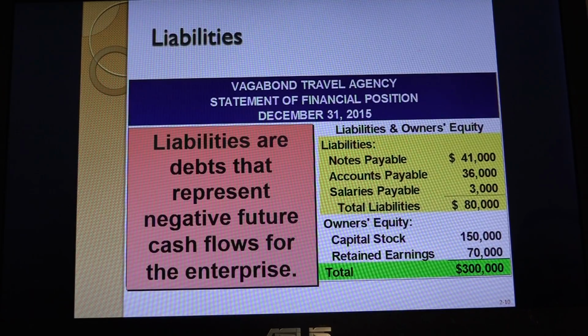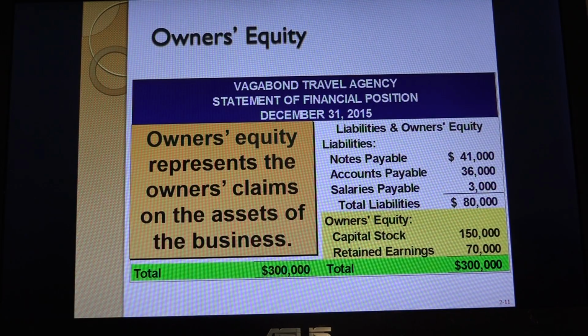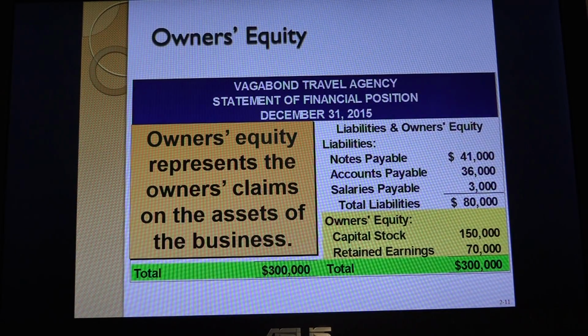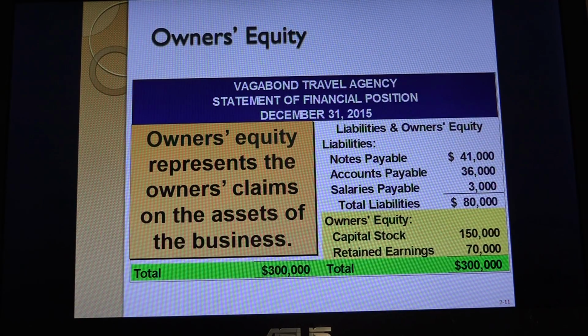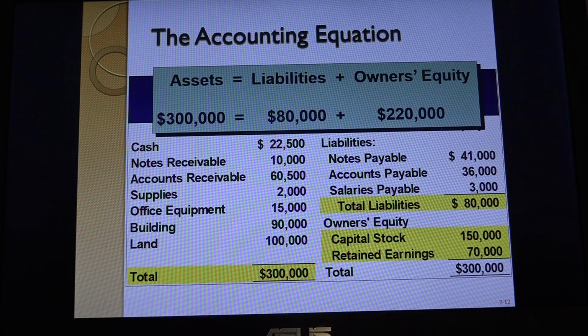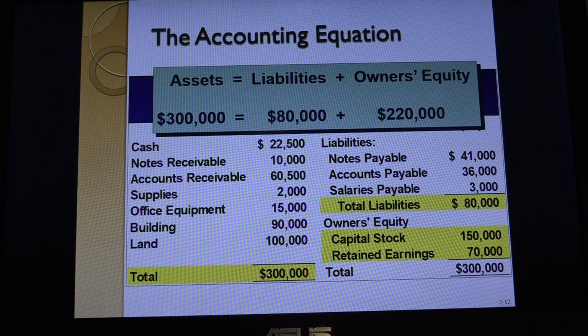And then whatever's left over when you subtract liabilities from assets is what the owner claims on the assets of the business. So there's your accounting equation.